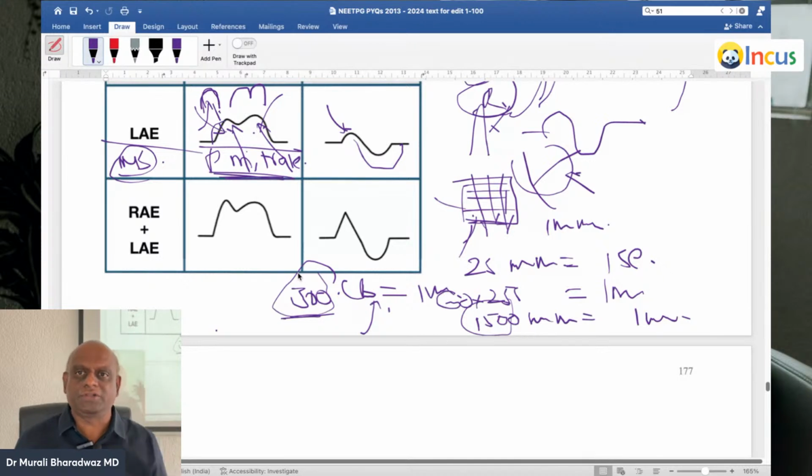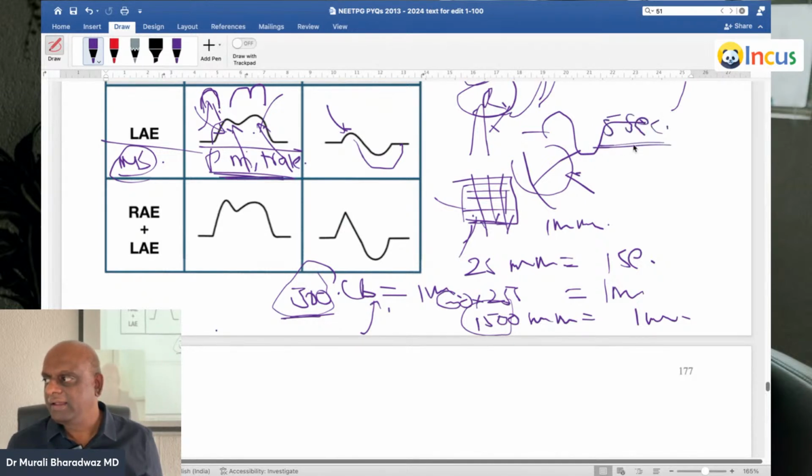If you take a large box, since each large box is 5 small boxes, 5 mm. Each mm is equal to a second together. So 5 seconds. Each large box is equal to 5 seconds.